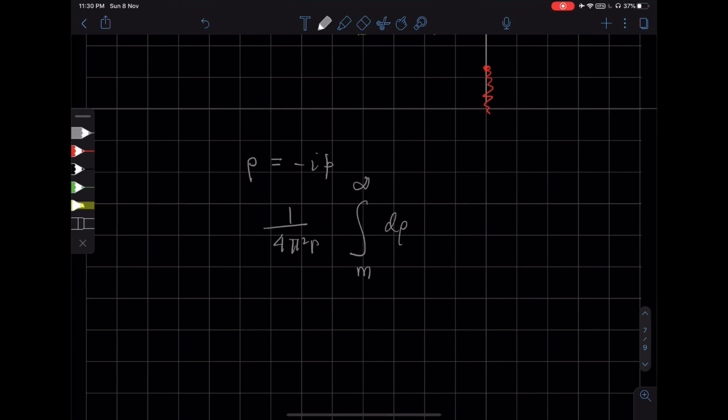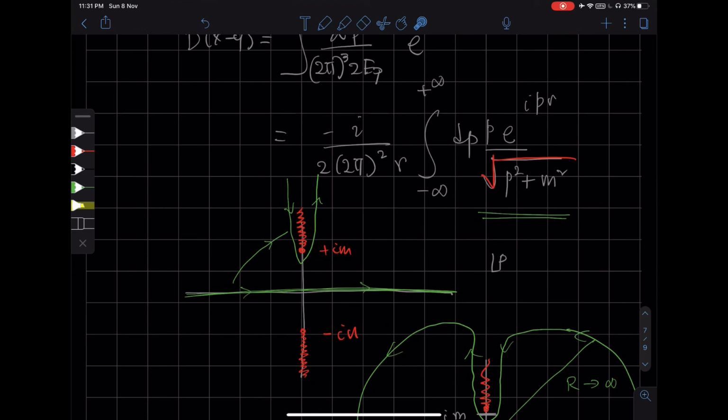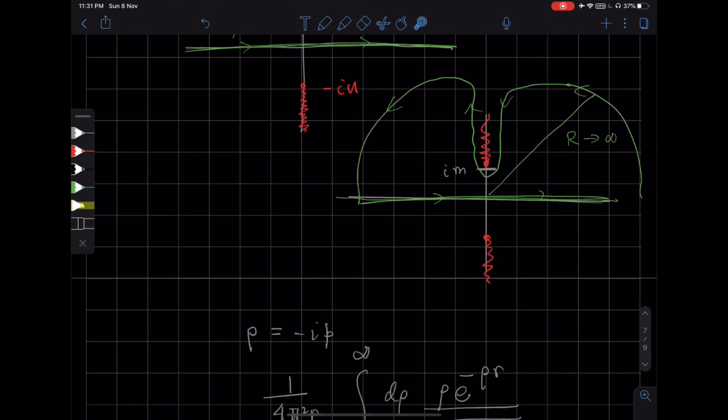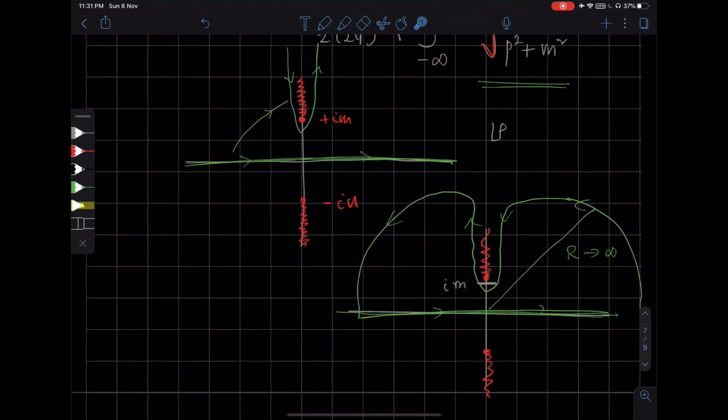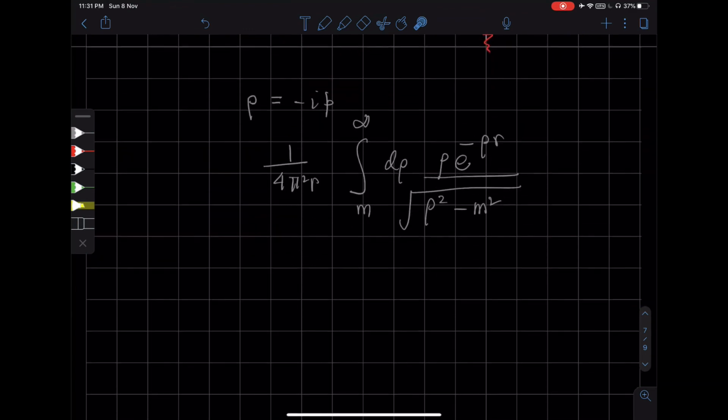Then we have d rho, rho e to the power minus rho r divided by the square root of rho squared minus m squared. This is my integral. To get to this from over here is just a mechanical manipulation using this picture and this picture, so I leave that up to you as an exercise.